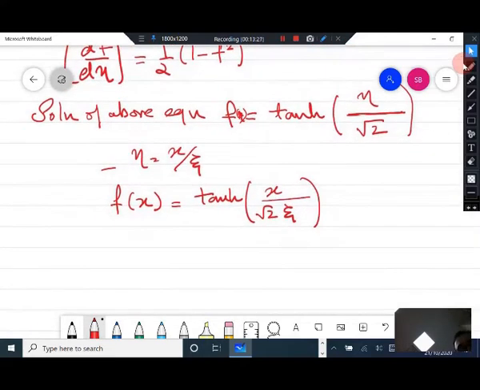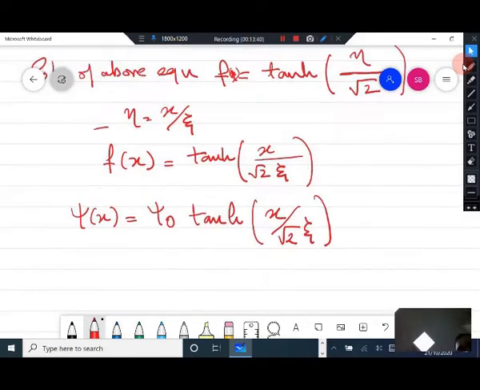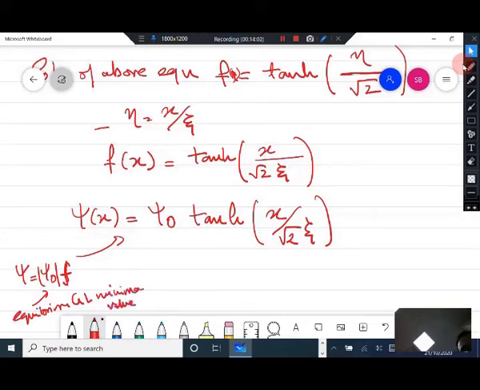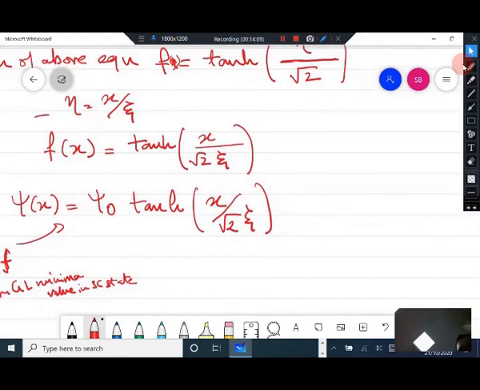So this is how the function behaves. Psi of x is equal to psi naught tan hyperbolic x by root 2 xi, where this is basically coming from the expression psi is equal to psi naught into f, where psi naught is the equilibrium GL minimum value in the superconducting state, and xi square is equal to minus h cross square by 4m alpha.